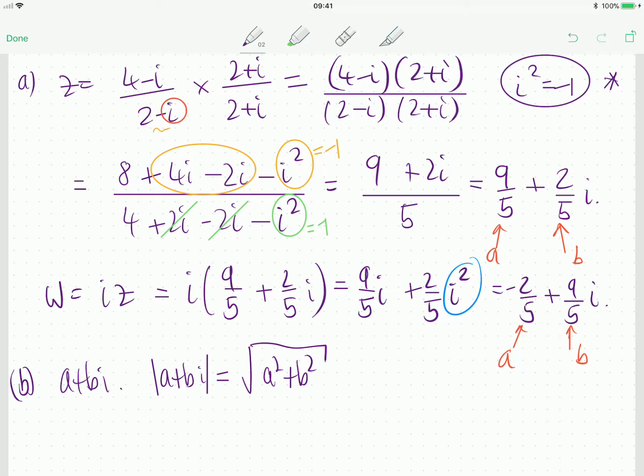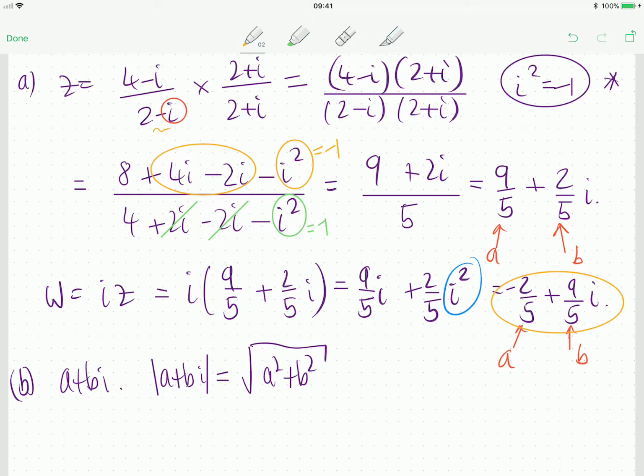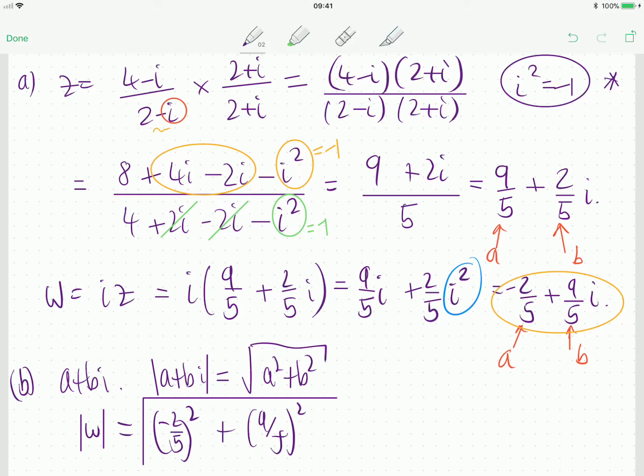It's a squared plus b squared all rooted. So in our case, w is minus 2 over 5, as we can see here, plus that 9 over 5 i. So drop that straight in. The modulus of w is this one squared plus this one squared, all square rooted.